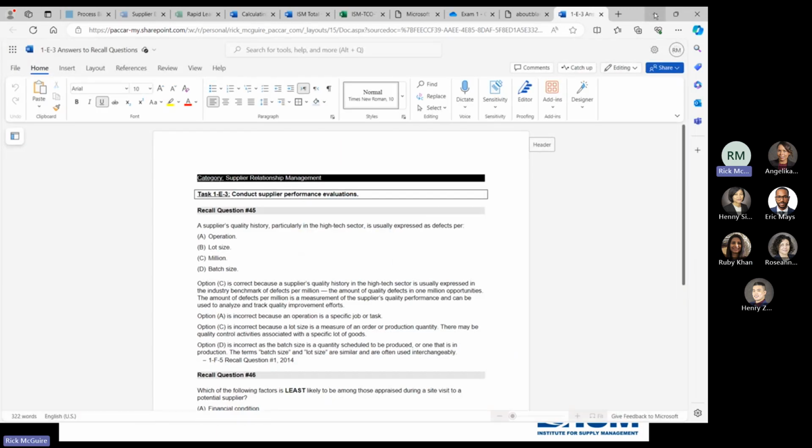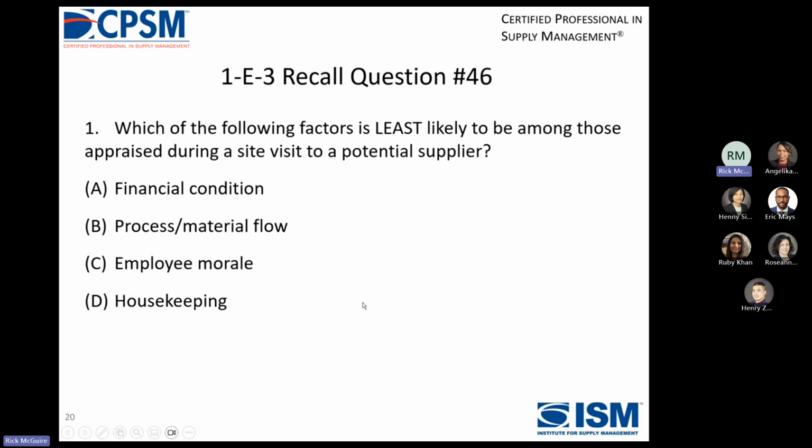It is. Okay. And then which of the following factors is least likely to be among those appraised during a site visit to a potential supplier? Which one is least likely? Which one would you not do when you're on a site visit? A. I think it's going to be A, because you would do that before you did the site visit.